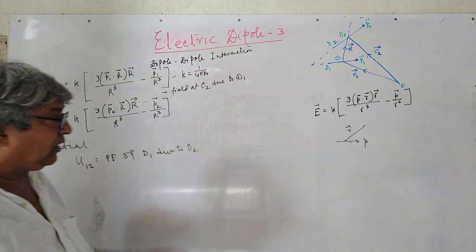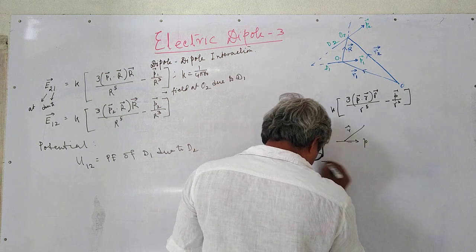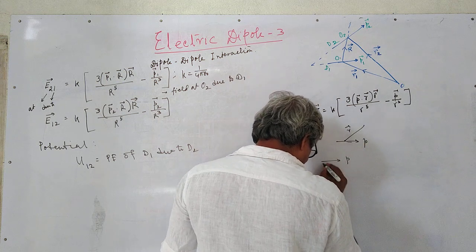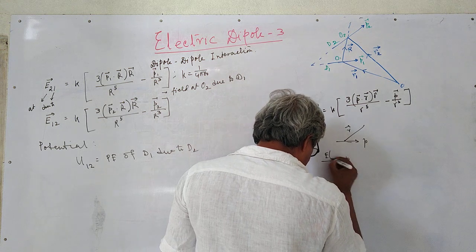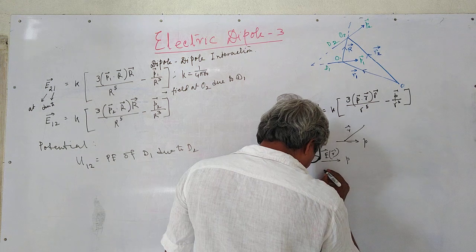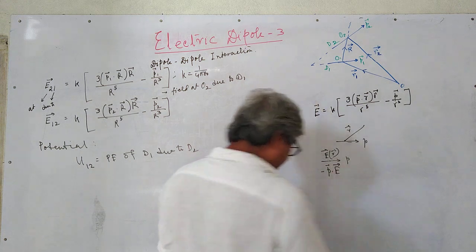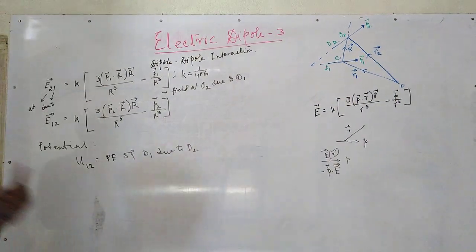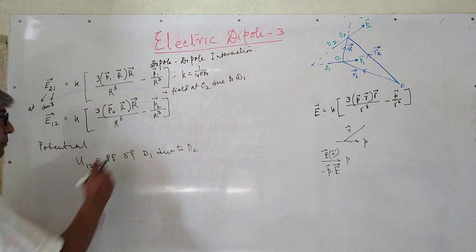We know that whenever a dipole of moment P is placed in an electric field, then if E be the field at the center of the dipole, the potential energy is minus P dot E. This is the expression.